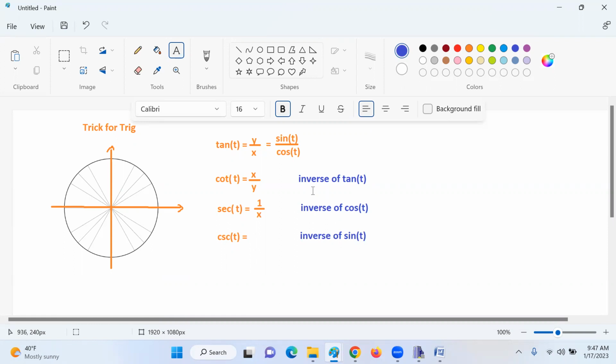For the cosecant, this is what you need to worry about. Other than that, everything should be perfect. All right, so any questions so far?